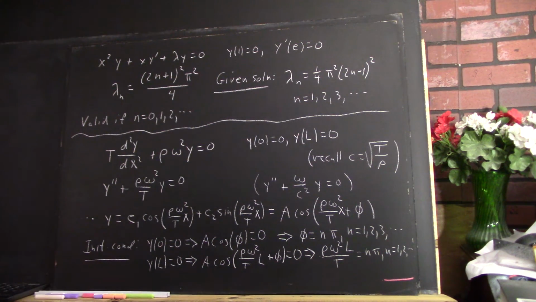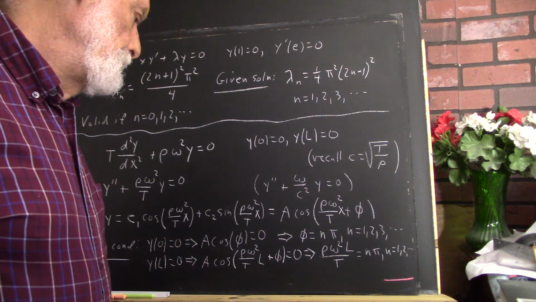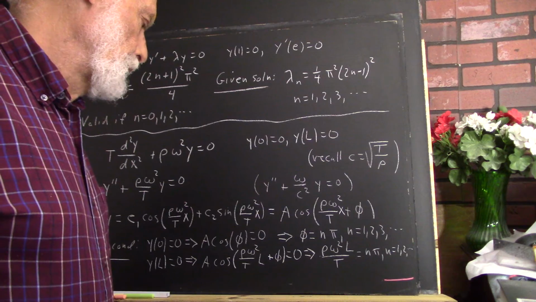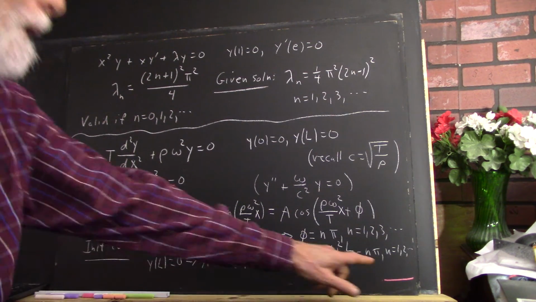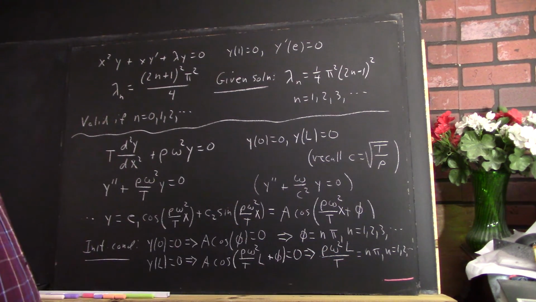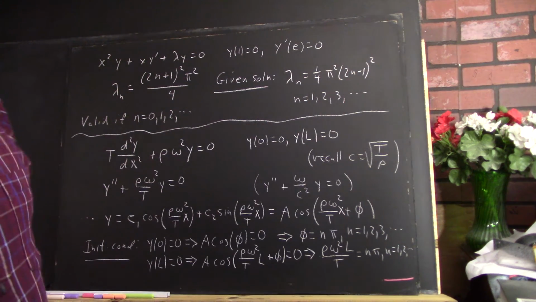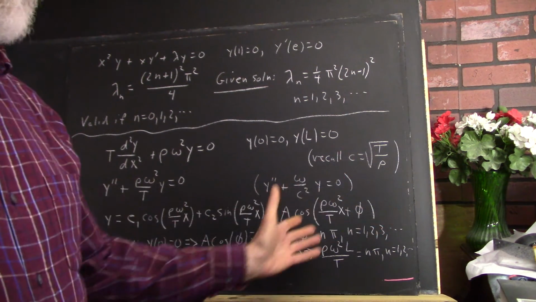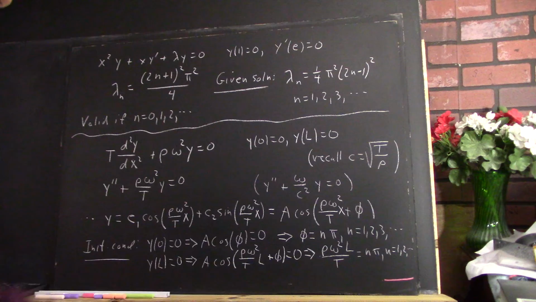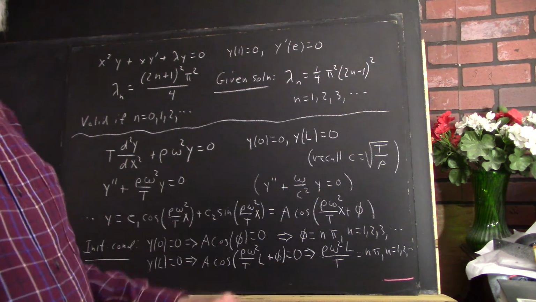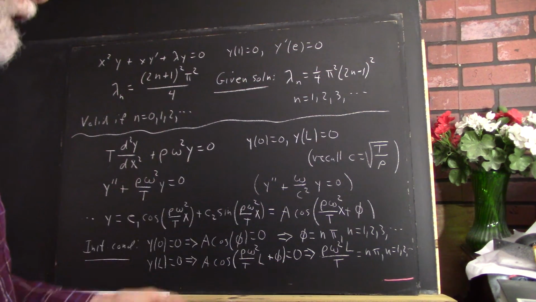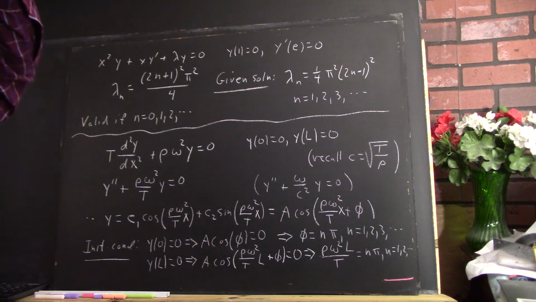Turns out n could be any integer, positive or negative. We're not going to worry about that. If you have a negative integer, you just get the same solution a little bit of time later.